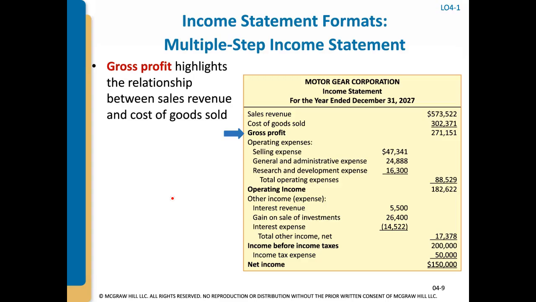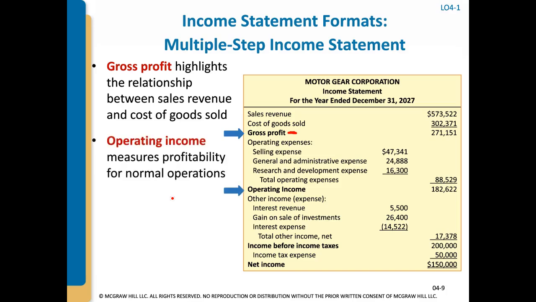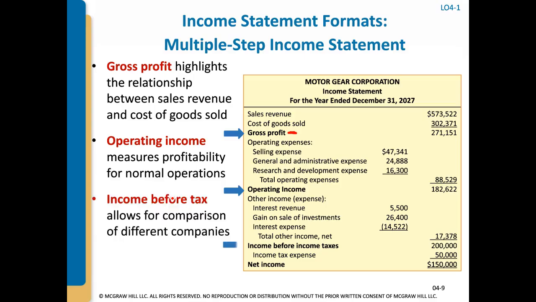In the multi-step, you do get other pieces of information that the single step does not provide. Gross profit highlights the relationship between your sales revenue and your cost of sales. And then you have your operating income, to see your profitability from your normal day-to-day operations. And then you have your total income before income taxes.